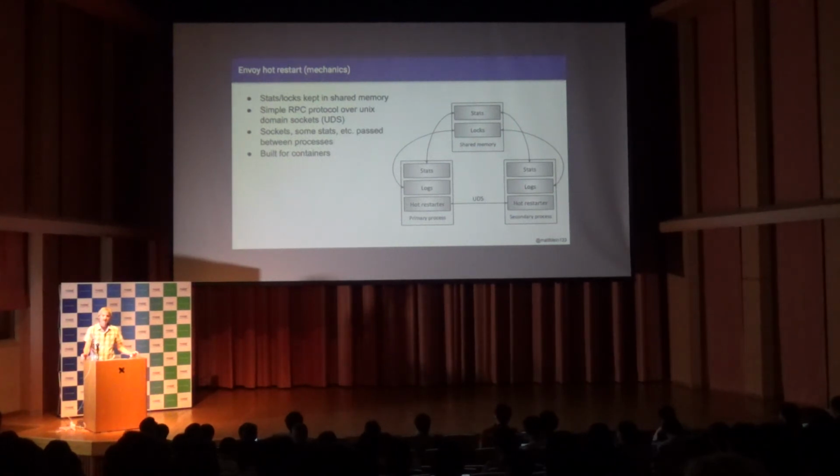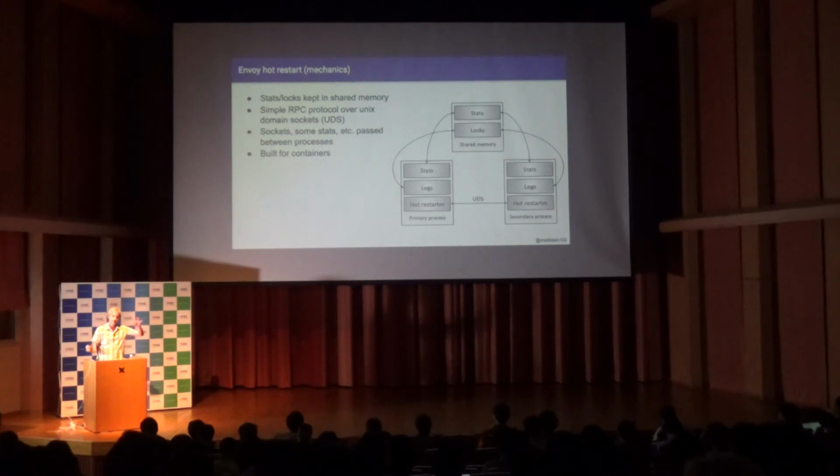So from a container perspective, the process has to be immutable. So we need the new container to come up and talk over Unix domain sockets, and then the old container can be torn down. So because we're moving to a container world, we just made the decision in 2015, let's build this hot restart functionality for containers. And there again, people are moving towards Kubernetes, but there are people that even within containers still use hot restart.